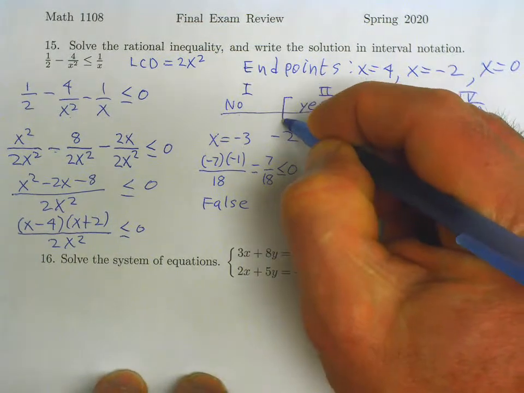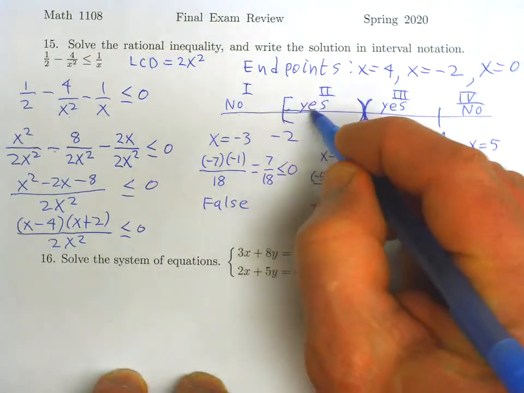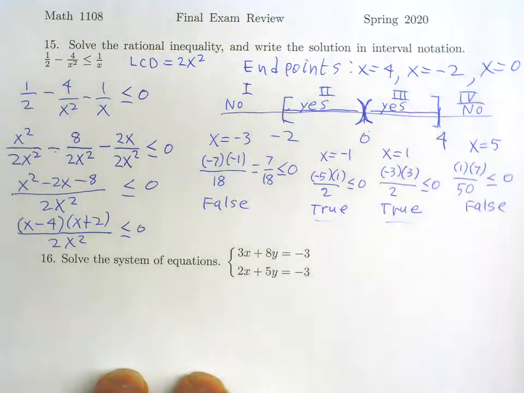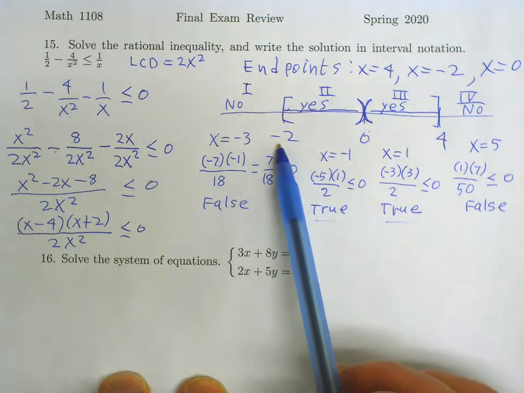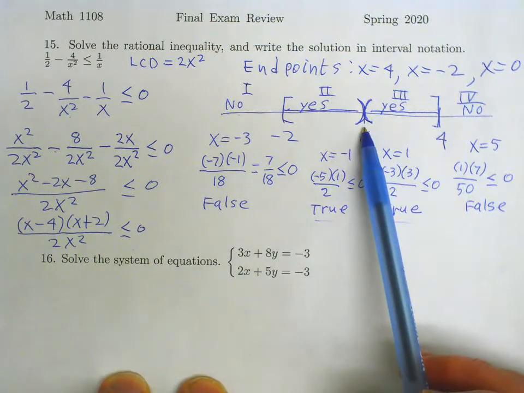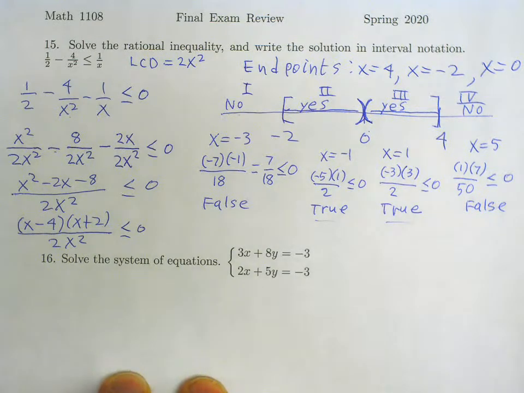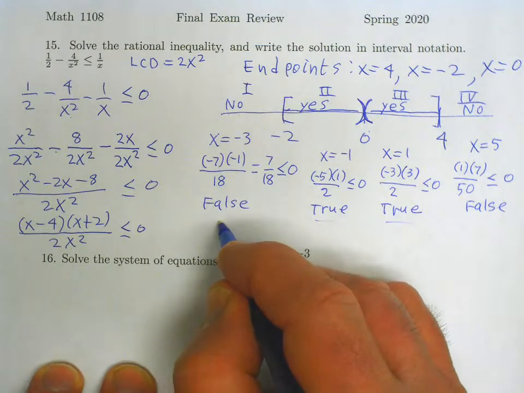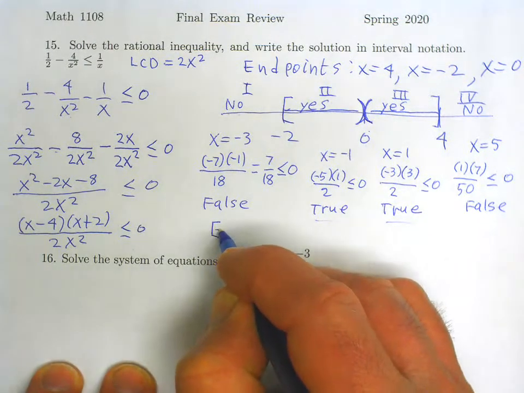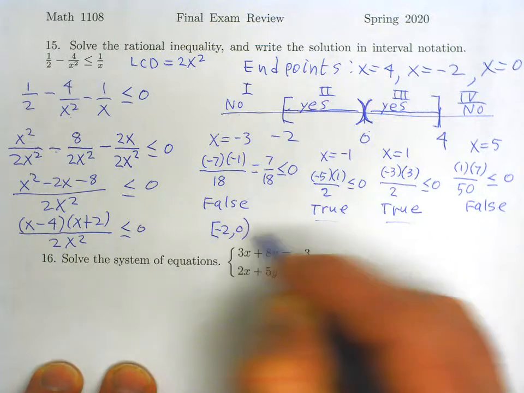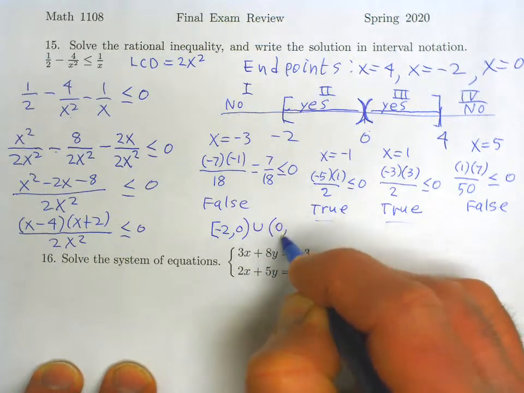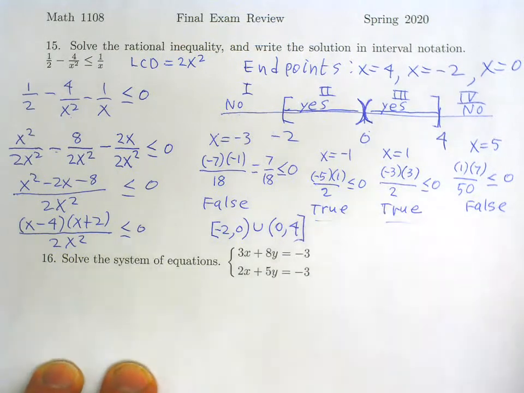So we include -2, and we also include +4. So in this interval from -2 to 4, the only omission is 0 itself. And so the interval notation is bracket -2 comma 0 parenthesis, and then union parenthesis 0 comma 4 bracket.